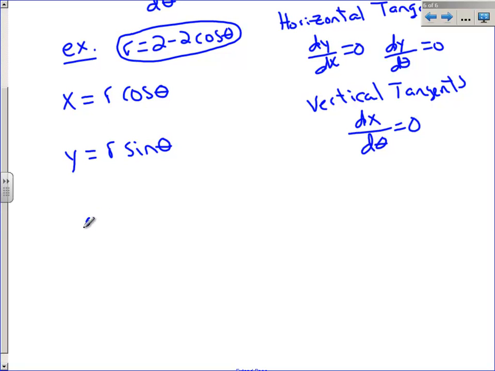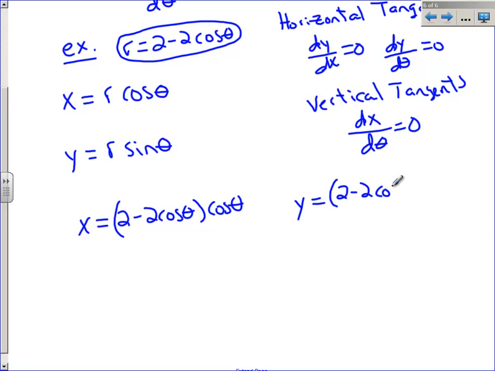For this curve, x equals r, which is 2 minus 2 cosine theta, times the cosine of theta. And y equals r times the sine of theta. So this gives me a way of finding x and y in terms of theta so that I can find dx d theta and dy d theta.